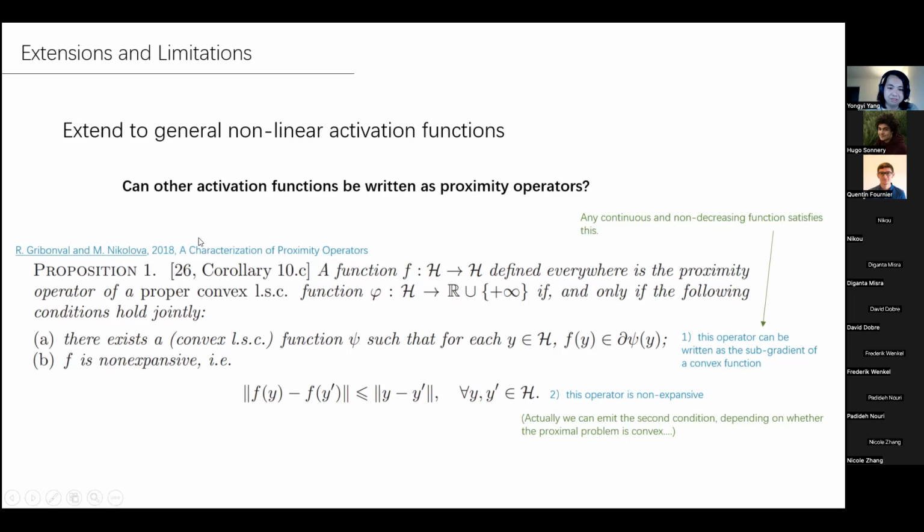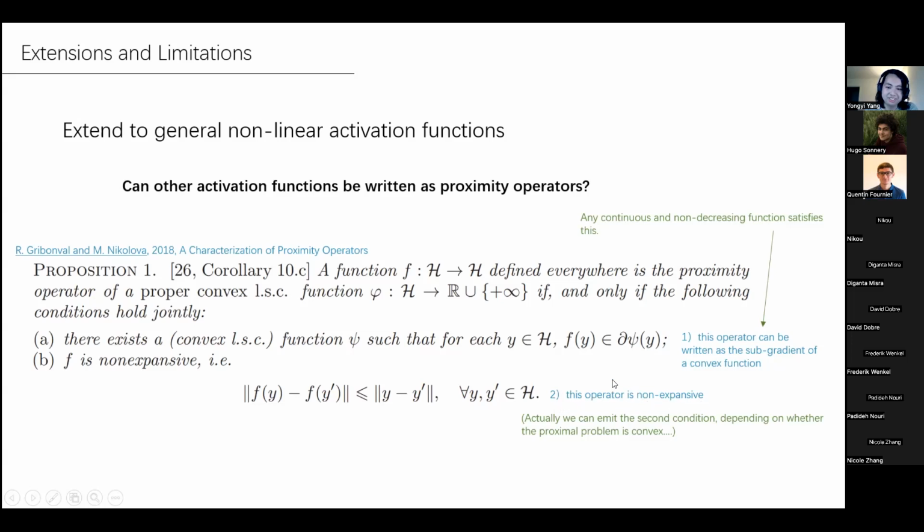This paper shows the sufficient and necessary condition for a function to be a proximity operator. There are two conditions. The first condition is that this operator can be written as a subgradient of a convex function, and the second condition is that the operator is non-expansive. However, the second condition is actually not necessary.